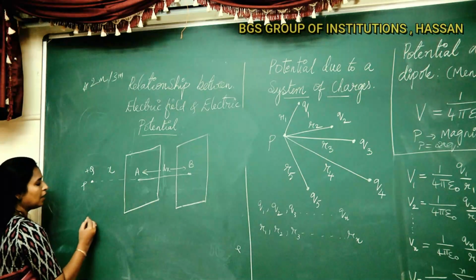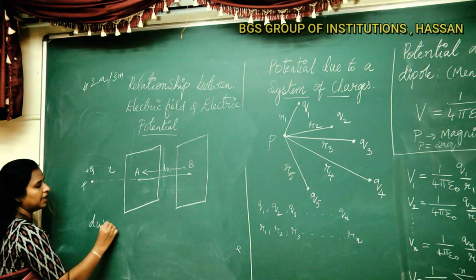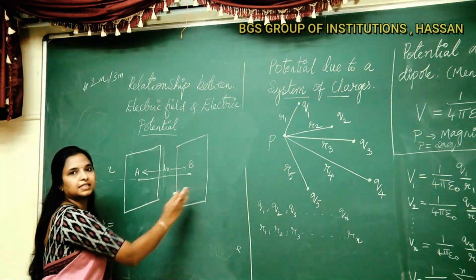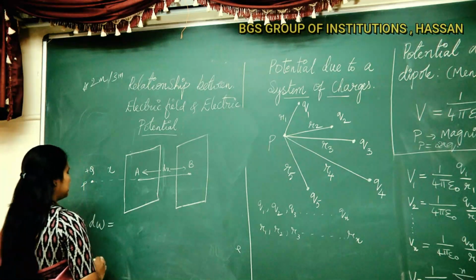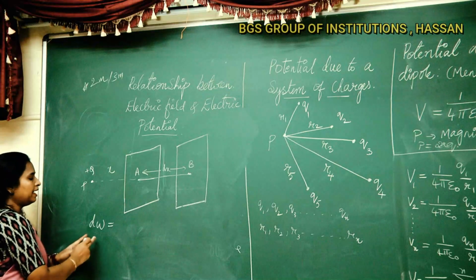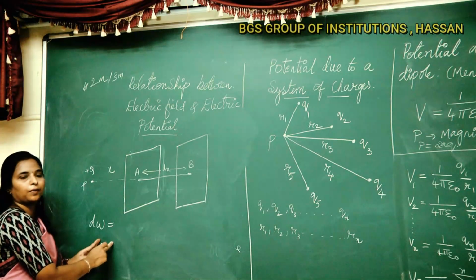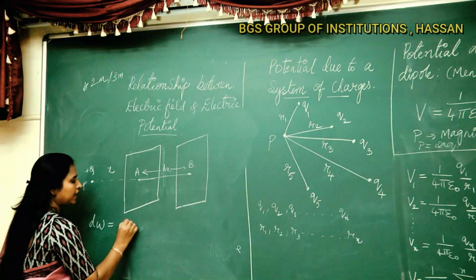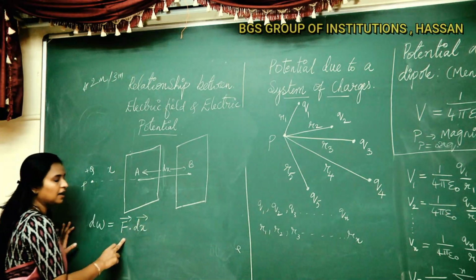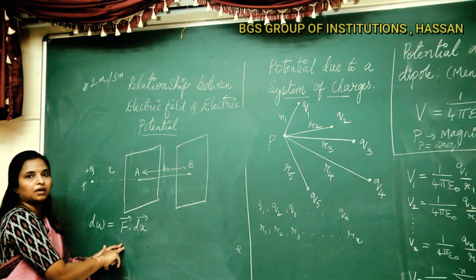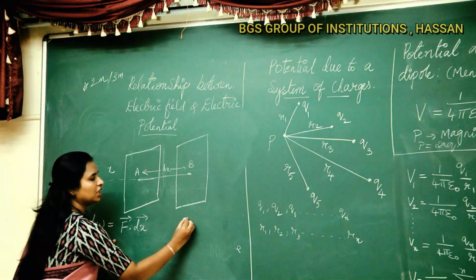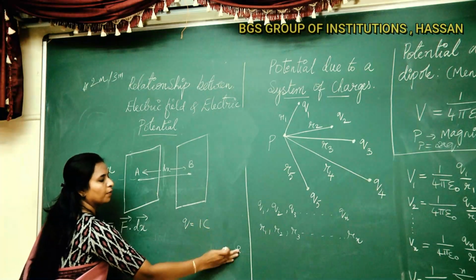The work done is taken as dW, because we are moving a charge through a small distance, and that small amount of work done dW, as we know, is equal to force into displacement. And here, since we are moving a unit positive charge, the charge value is 1 coulomb, isn't it?